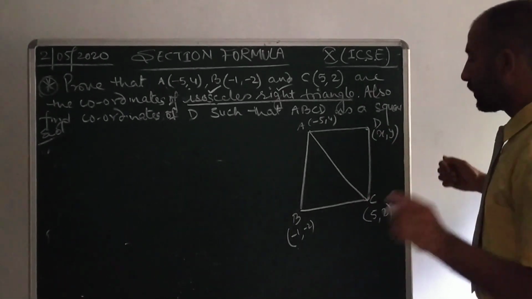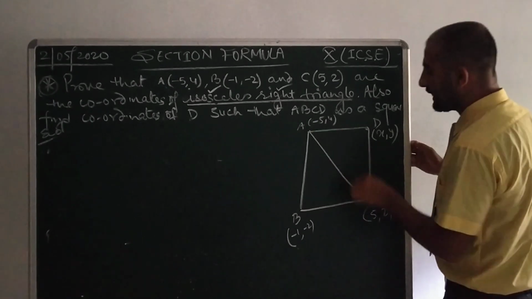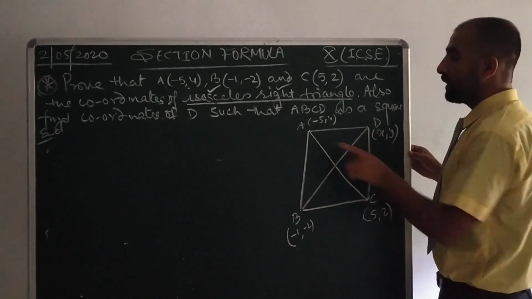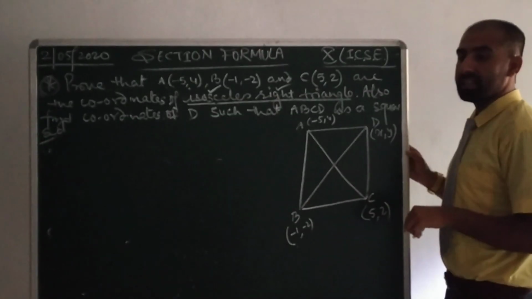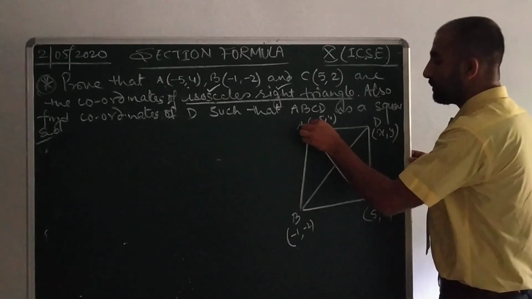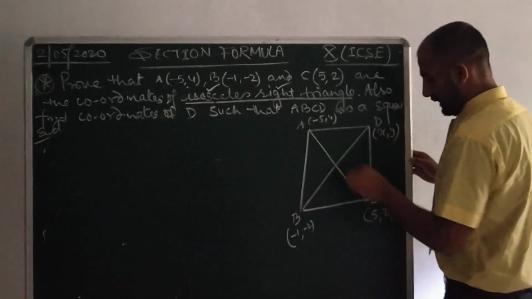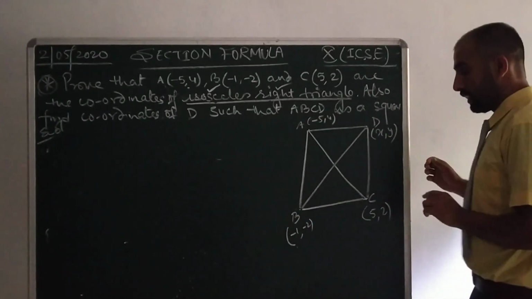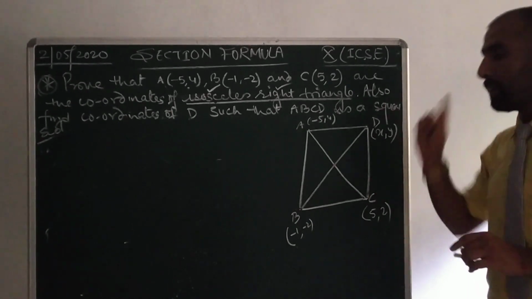As you all know, the diagonals of a square bisect each other. That means the midpoint of AC and the midpoint of BD must be equal. So we are going to use the midpoint formula.